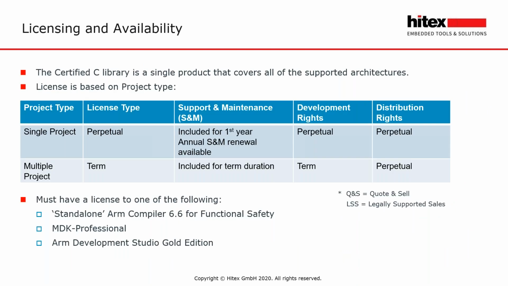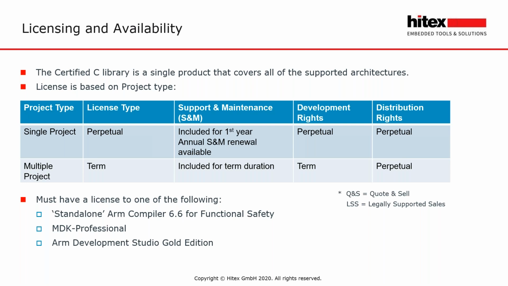Now, the licensing for the C library is slightly different to the compiler. When you buy the compiler, you have a perpetual license that you can use for as many projects as you want. The C library is purchased and licensed for a single project. So you can buy it as a perpetual license for a given project.